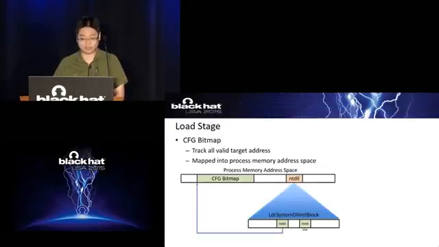When a CFG-enabled module is loaded, the operating system will map a bitmap into the process's memory address space. It's called the CFG bitmap. It is used to track all valid target addresses.